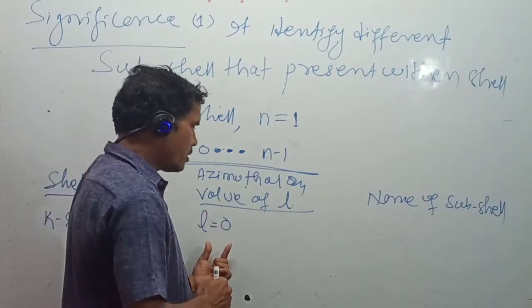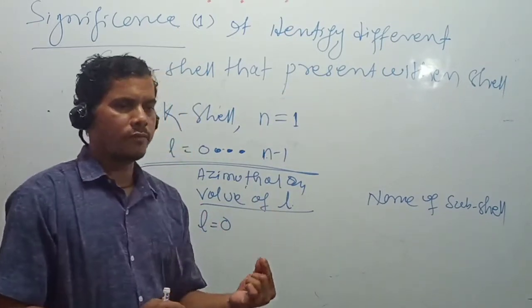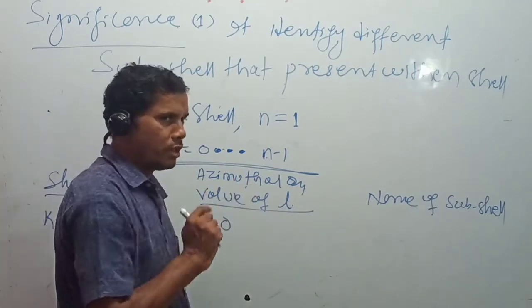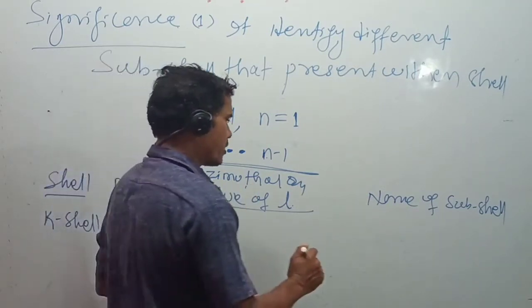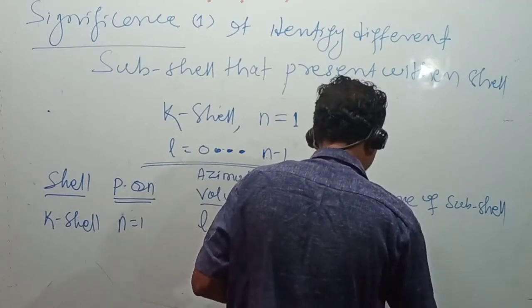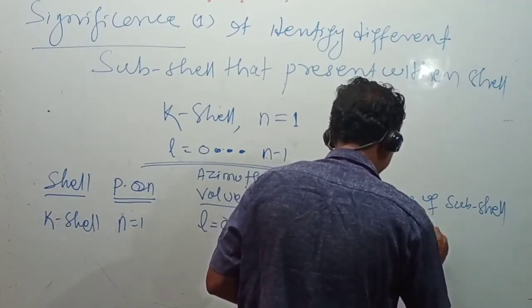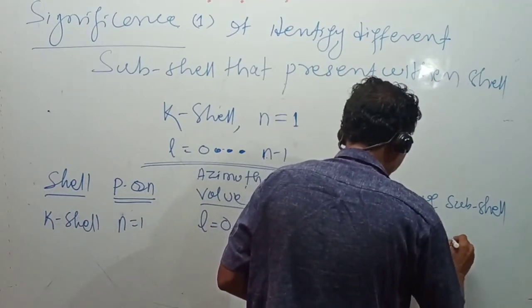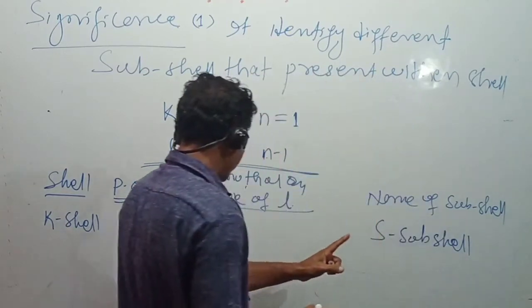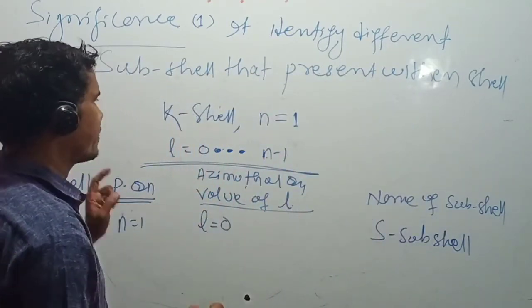So l equal to 0 is a code address of a subcell present within the K cell. This code address is called the code address for an s subcell. That means an s subcell is present within the K cell.